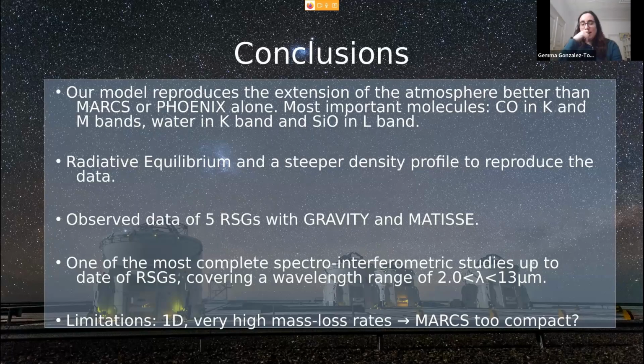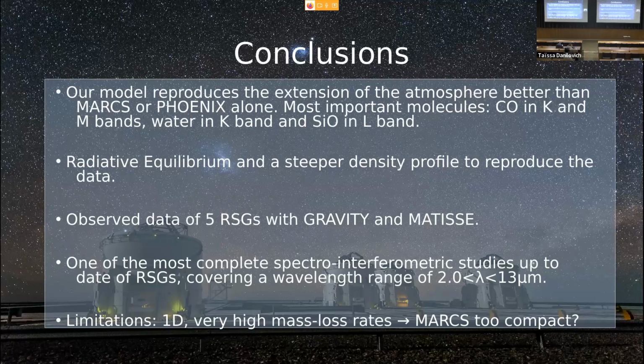Hey, Gemma, KU Leuven. I had a question since indeed the MARCS models are not really made for supergiants, since, as you correctly said, they are 1D. But now you add in an empirical way more and more material, small spheres.